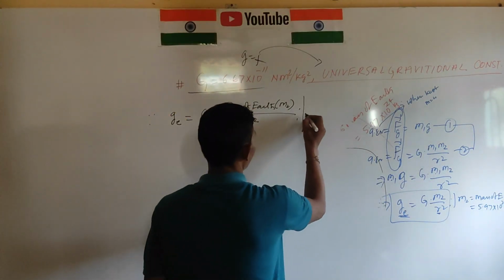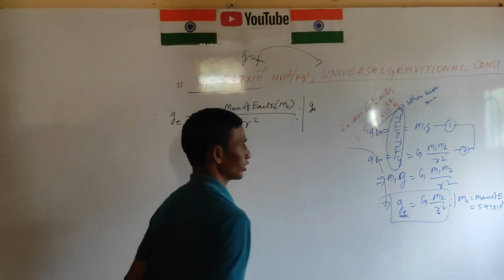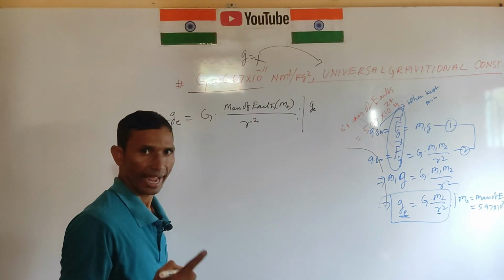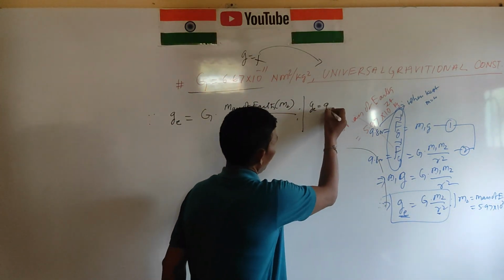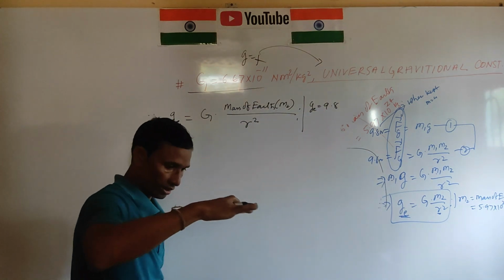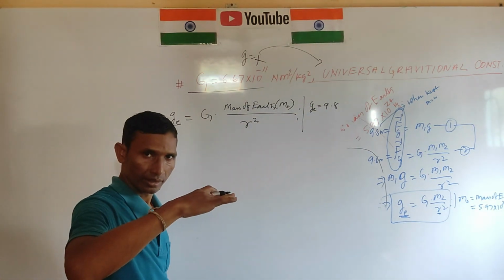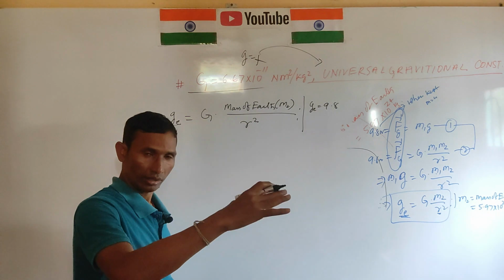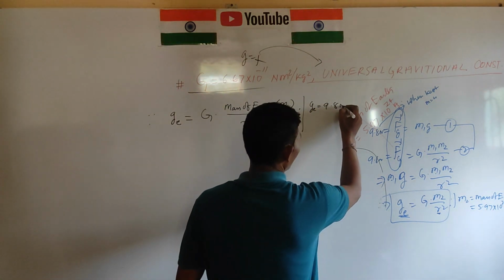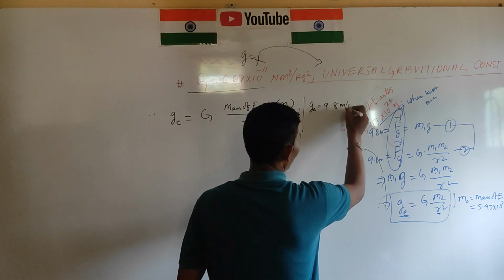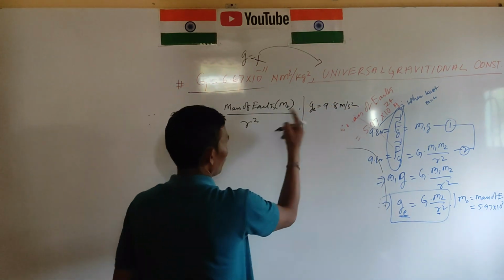Here g, maximum 9.8 on the surface of the earth, at the north pole or south pole, in meter per second square. Capital G we have to find out.